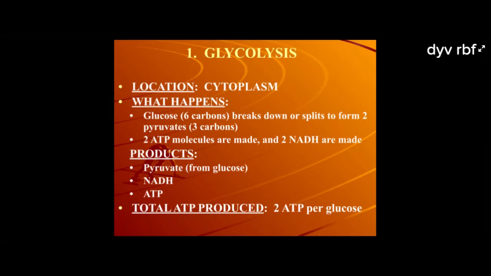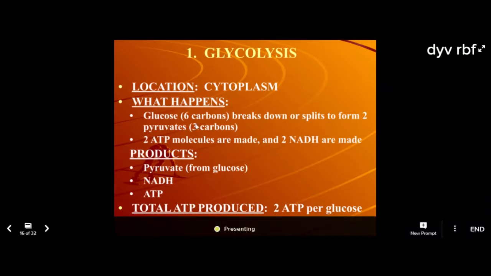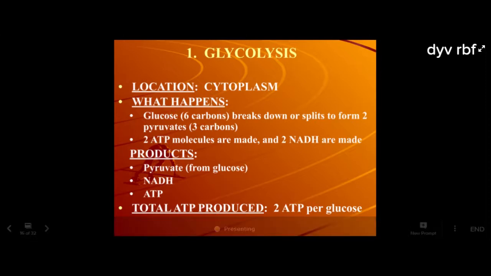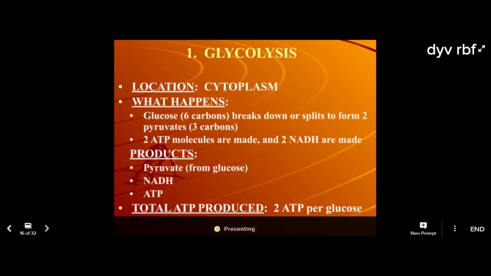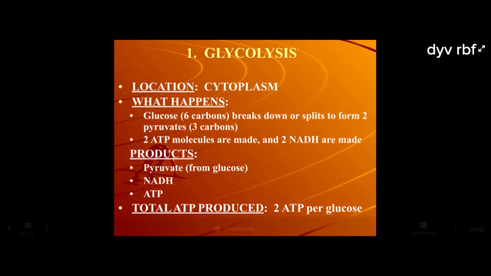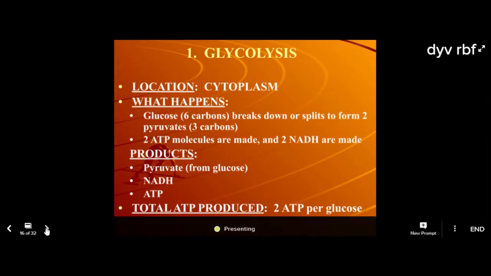However, we've only made 2 ATP at this point. That is not a lot. If you're a bacteria cell or a yeast cell and you're really small, you can get by with this. That's good because a lot of bacteria and yeast actually can't do the next aerobic steps. Glycolysis is found in every cell, not just our cells, and it's part of this big aerobic process, but it's also the first step for what yeast cells do when they don't use oxygen.